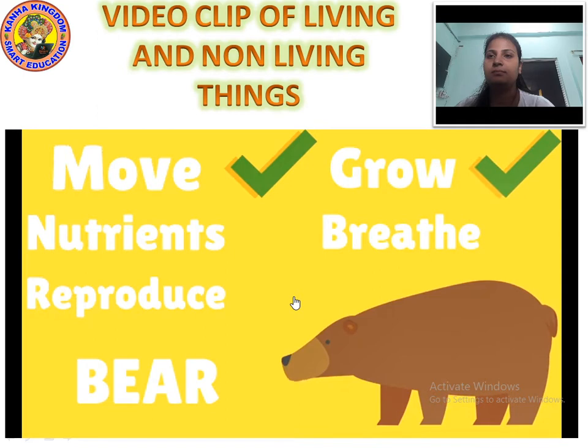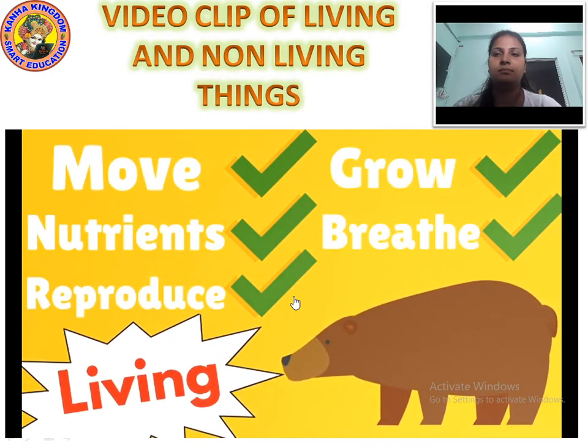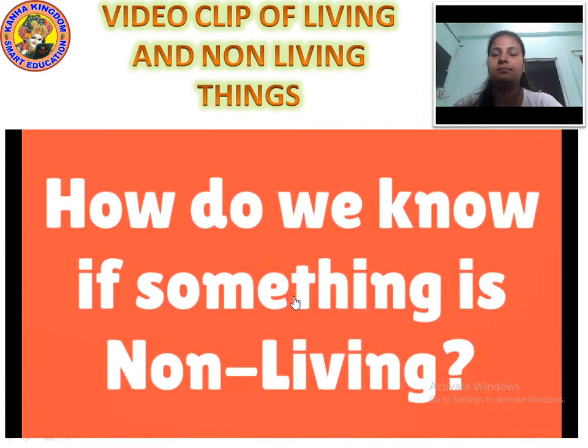Yes. Does a bear need nutrients like food and water? Yes. Does a bear breathe? Yes. Does a bear reproduce? Yes. So is a bear living or non-living? That's right. It's living.